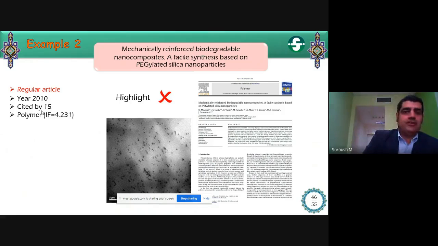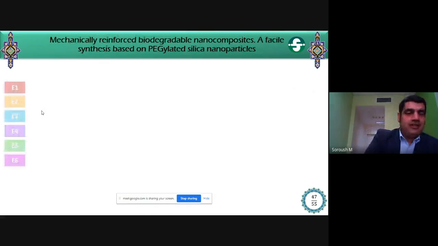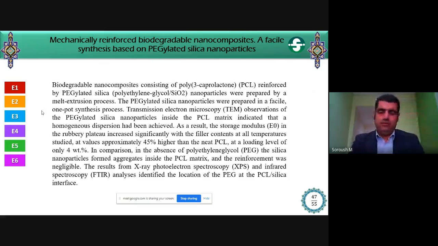Why? The reason is hidden in the abstract. Let me uncover some aspects of this abstract by analyzing it based on our systematic elements.